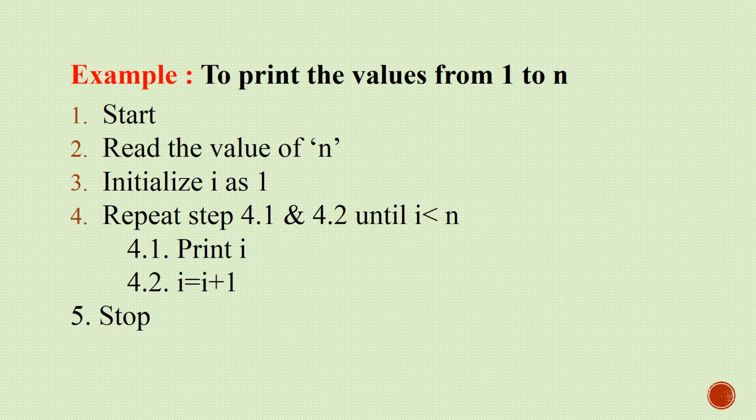So what is the body of the statement? 4.1 and 4.2. What does 4.1 say? Print I. What does 4.2 say? I is equal to I plus 1. So it increments. The steps 4.1 and 4.2 are repeated again and again until the condition is satisfied.